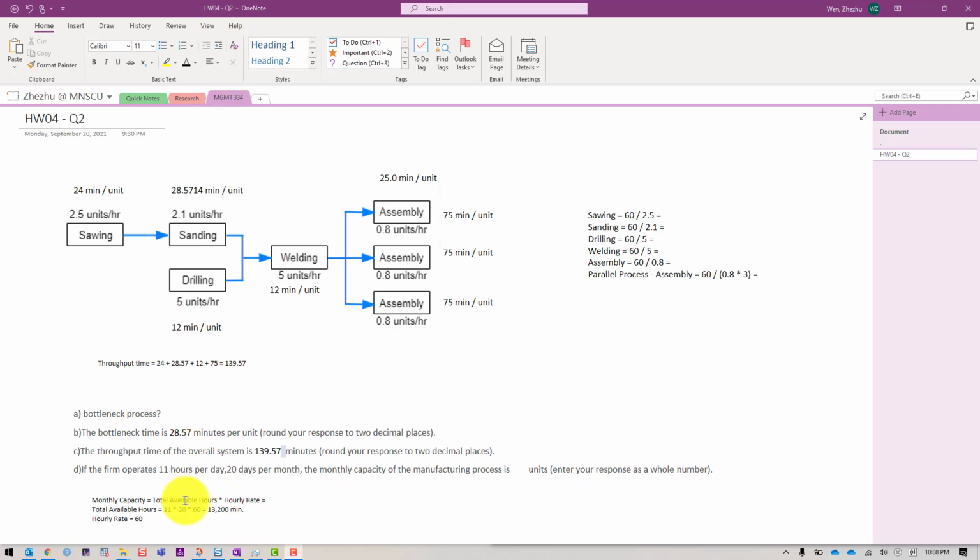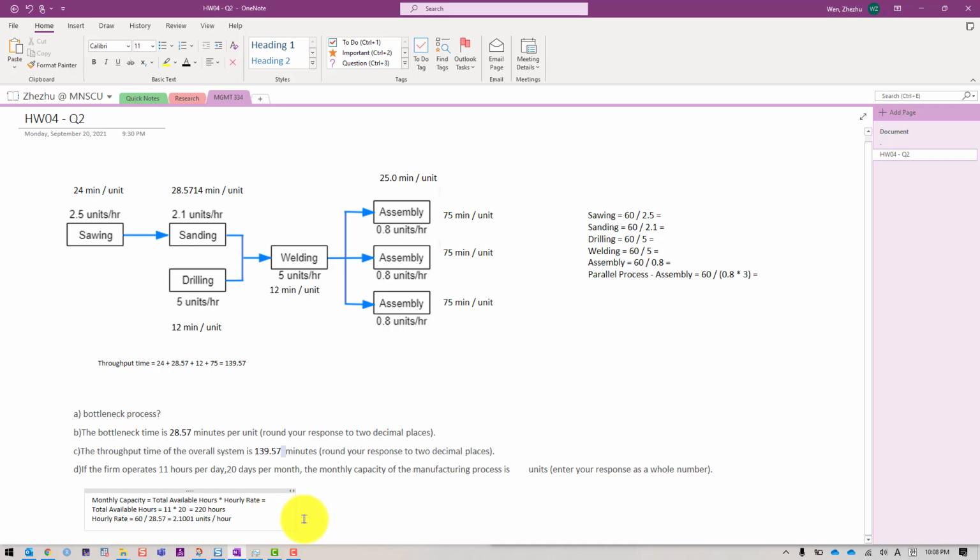I think I may actually have to roll back this part because we do get the hourly rate here. I may be wrong, but let's see for now. In each hour, what is our bottleneck time? It's 28.57. This is our hourly rate, units per hour, or per 60 minutes.